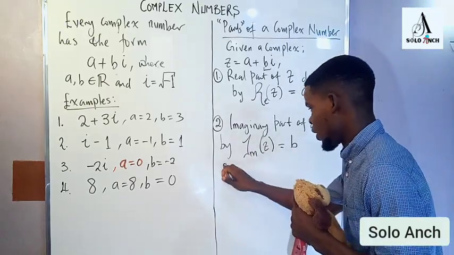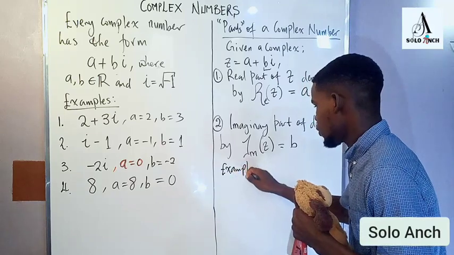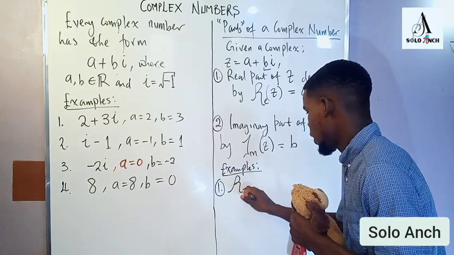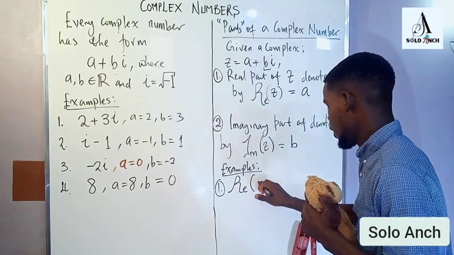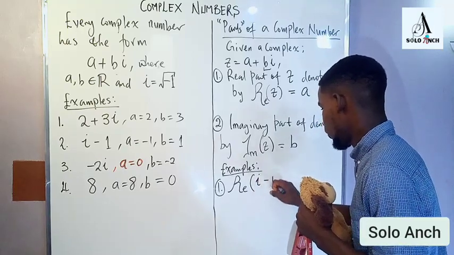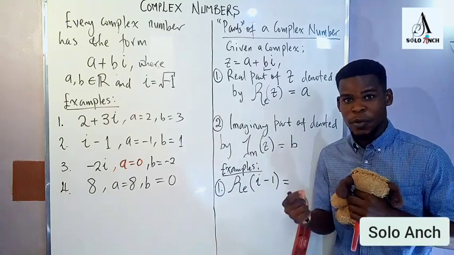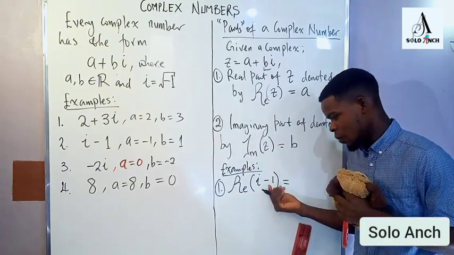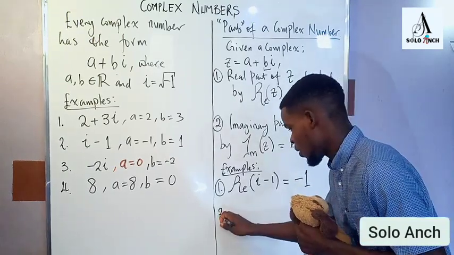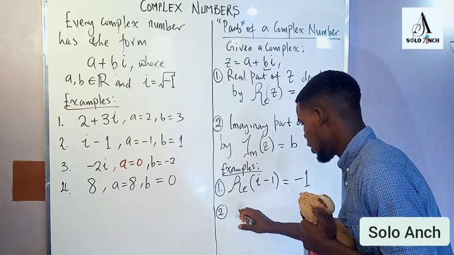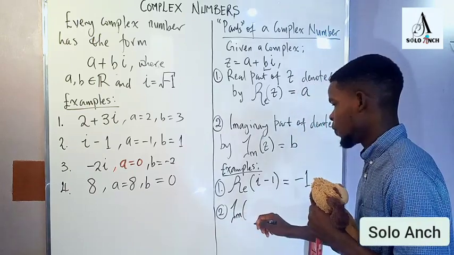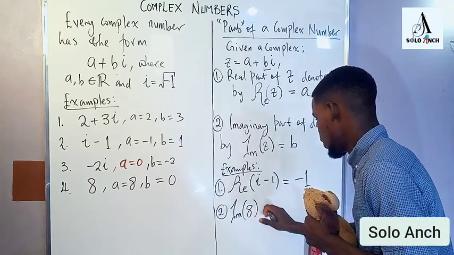Good. So let's look at a few examples. The real part of the complex number -1 + i is going to be what? Well, the part without the i is -1, so the real part of that is just -1. The second example: the imaginary part of, let's say, 8, is going to be what?